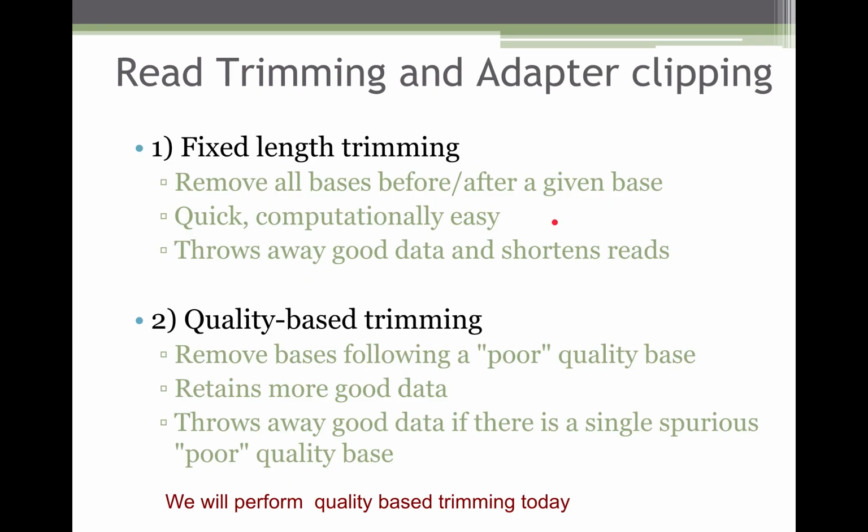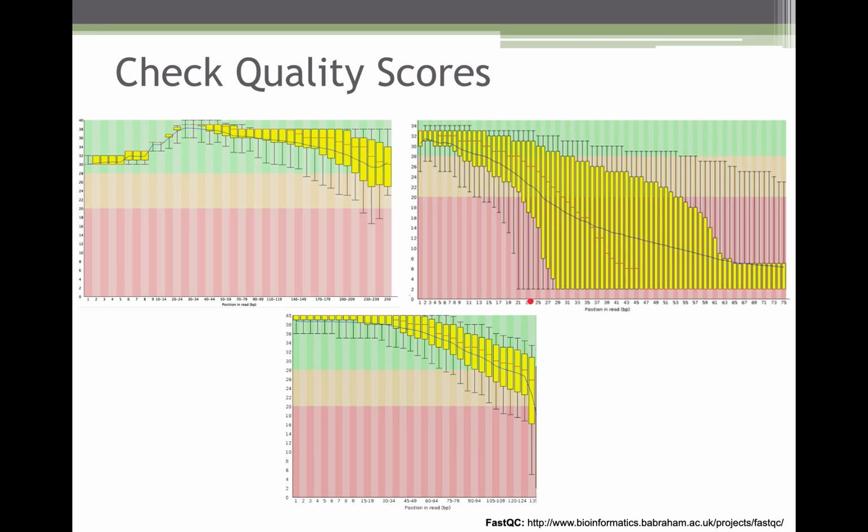There are ways you can clean up the data. We will learn about quality trimming. You can do quality trimming in two ways. One is that you just fix the position. For example, in this case, we'll just remove all of the bases after position, let's say 21, and you will be left with a read length of 20.